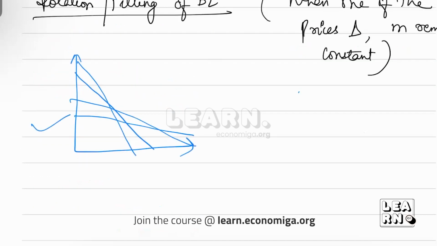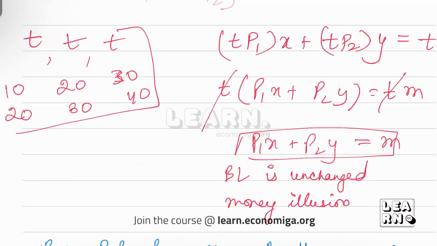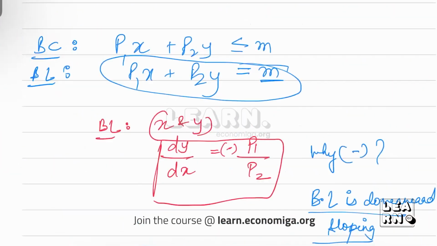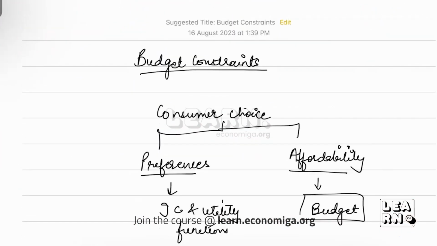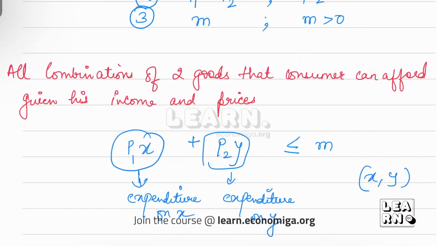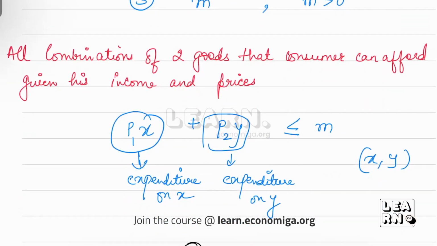We also have the theory of preferences. Combining budget and preferences will give you your ultimate consumer choice. What we did was we started with the concept of budget constraint, a combination of two goods that the consumer can afford given his income and prices.